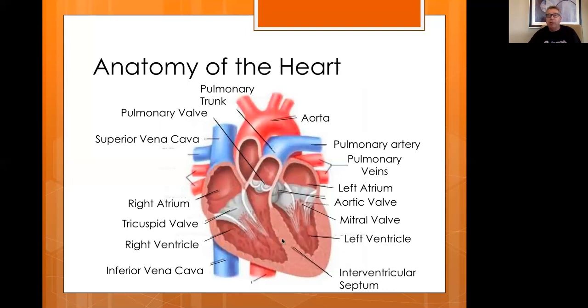The only thing that I did not include is the interventricular septum, because that just separates the right side and the left side of the heart, and no blood really passes through there. That's just the separation between the right and left ventricle. And I think I might have covered everything.